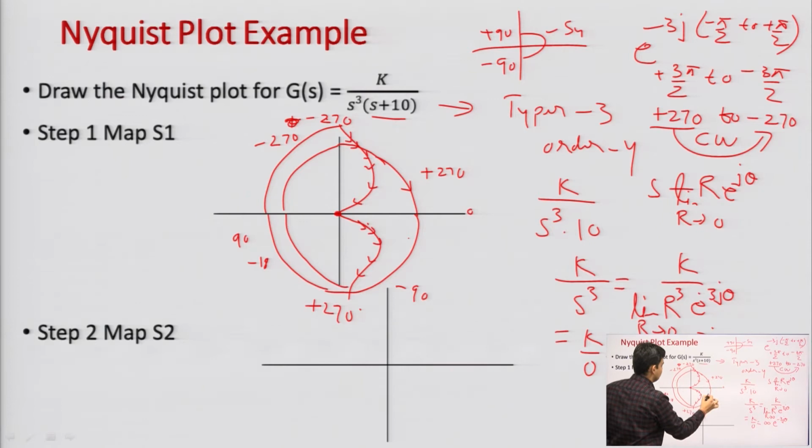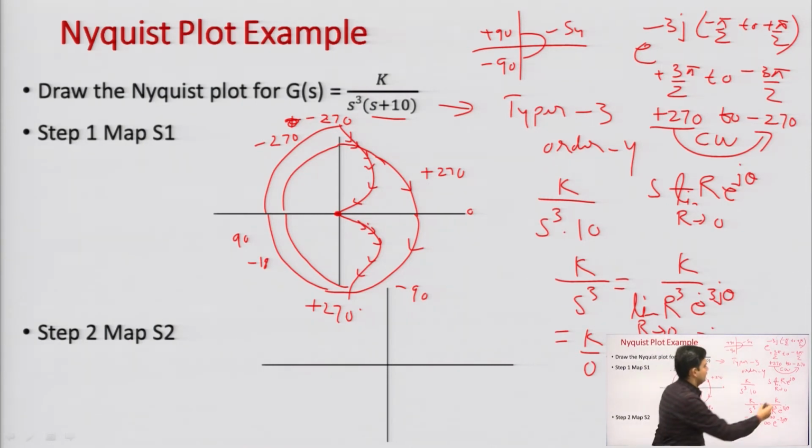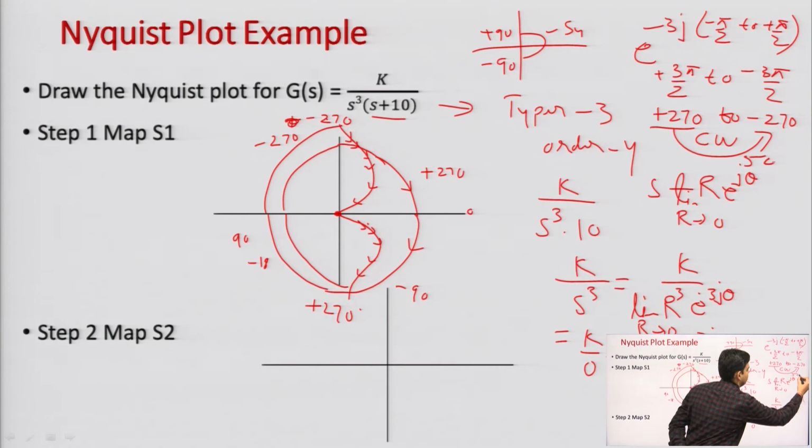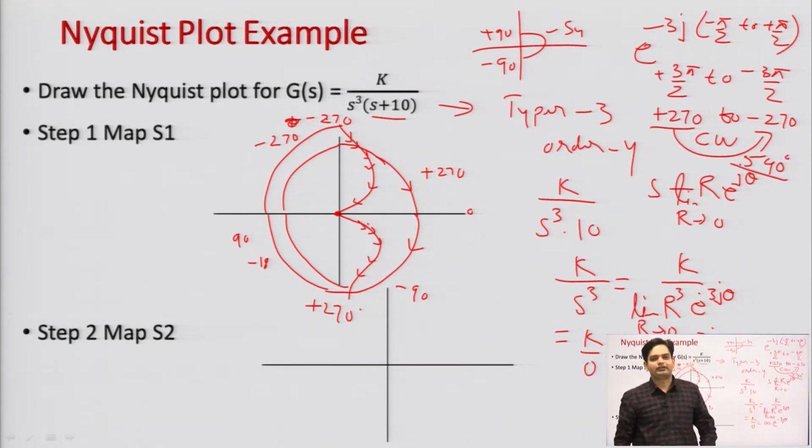So, we need to move around 2 times in this case, and we will get this Nyquist plot. Okay. So, this is the case. So, total distance we covered is around 540 degrees between plus 270 to minus 270, and the same concept you need to see whether it is enclosing minus 1 or not, then you can determine the stability.